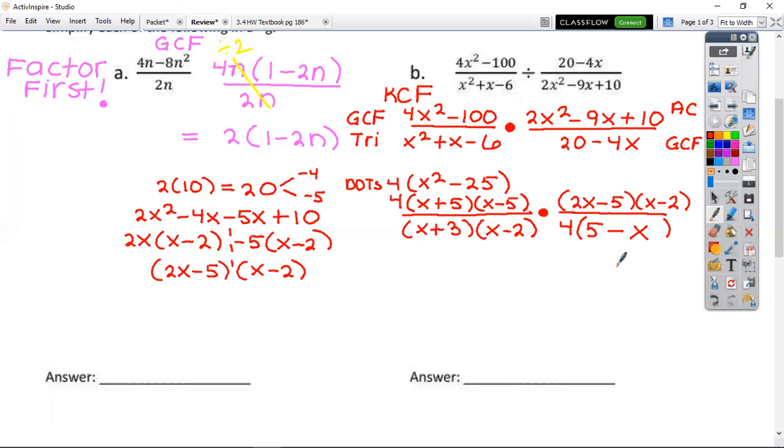So now everything is factored as far as you can possibly go. So now you're going to very lightly cancel these, just in case you make an error, so you can go back and look at it. So I am able to remove x minus 2, x minus 2. Anyone see anything else? Yep, x minus 5 and 5 minus x.